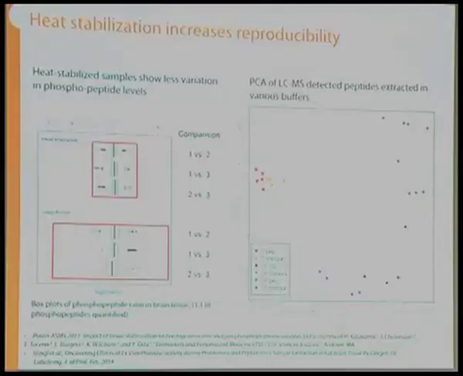The dots with the same color are one sample group. They all have the same treatment. When they cluster closely together, that means they are more similar compared to the groups over here, which are more spread apart and are more different.